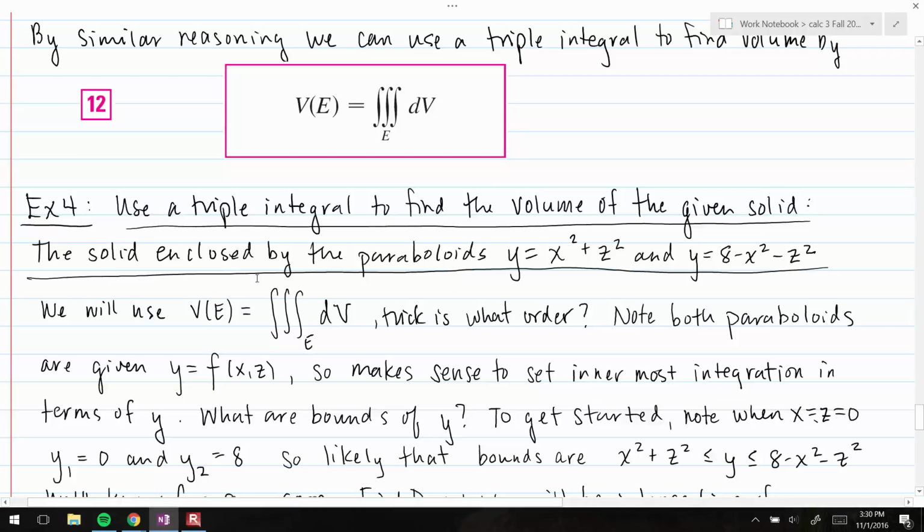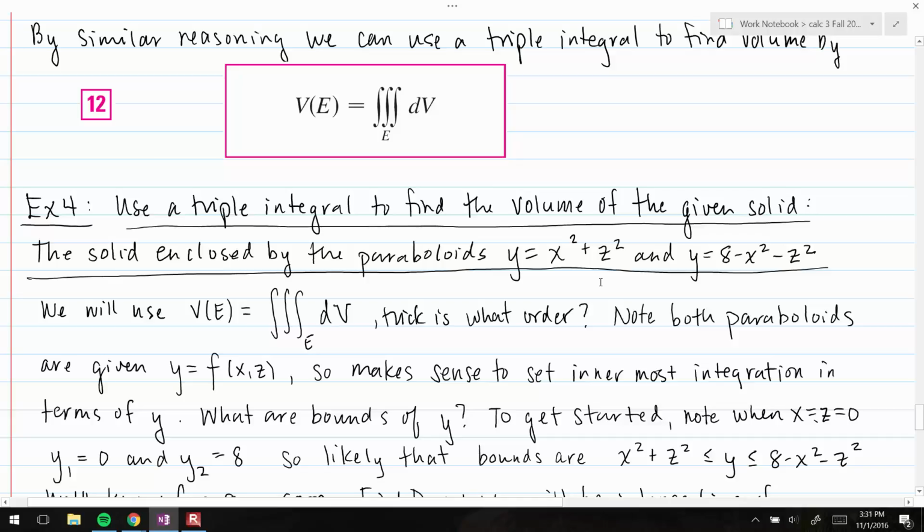We're going to use this new triple integral trick. Something to note is that both these paraboloids are written y in terms of x and z, so this is a pretty strong indicator that our innermost integral is going to be in terms of y.